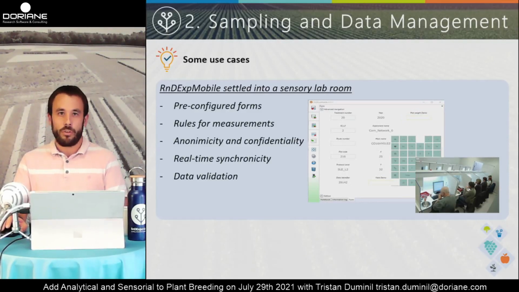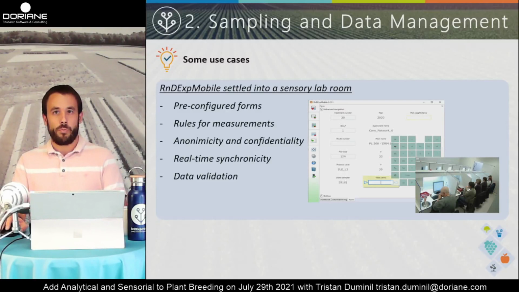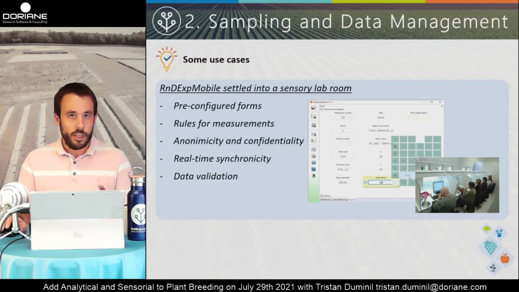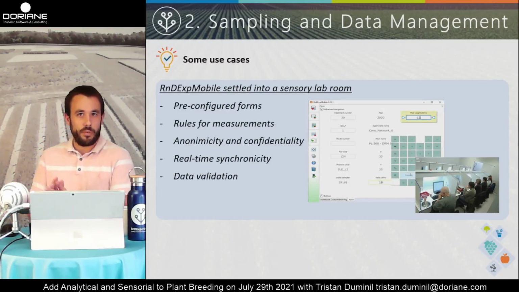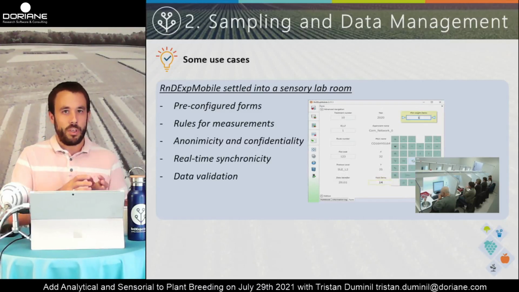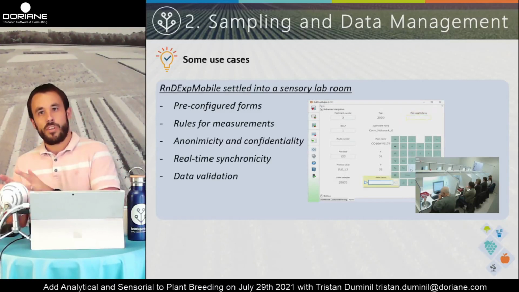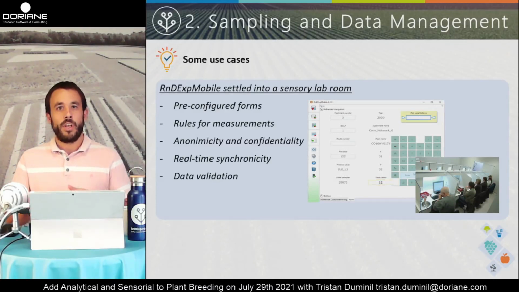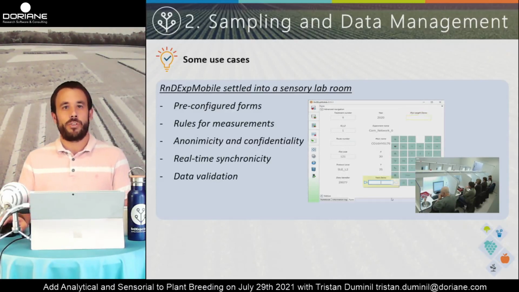And this documentation was very important for them to run descriptive tests in a large panel of consumers. This installation, with a tablet or PC for each participant, also ensured the anonymity of the observations, and it was synchronized with a centralized database, enabling the results to be shared in real time.